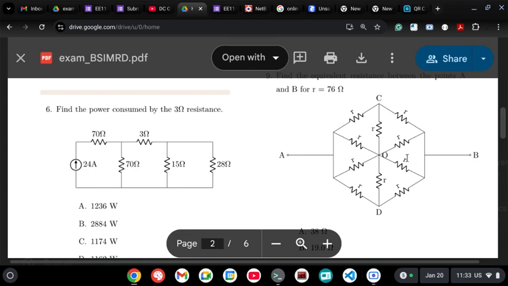So this one is R by 2, this one is R by 2. And then I think we have to convert the star to delta. And then it will simplify. As far as I remember, there is no direct method to do it.